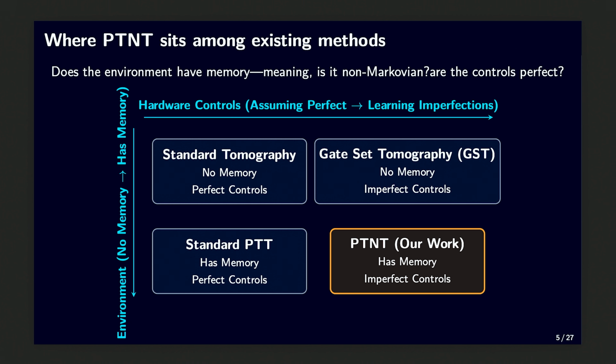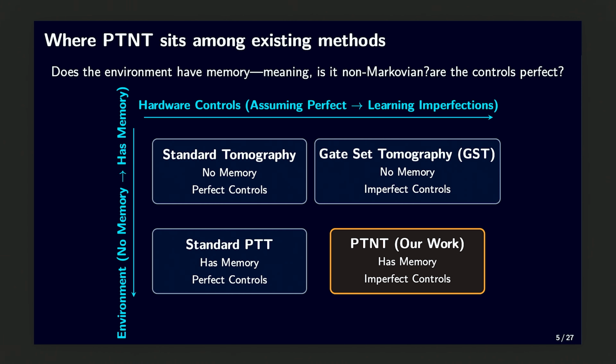One of the good methods out there is gate set tomography, or GST. They are not considering any memory and they are trying to learn the imperfect controls. This method is really good at finding the noisy controls, but unfortunately it is Markovian and not non-Markovian. In contrast, standard process tensor tomography came and did the opposite.